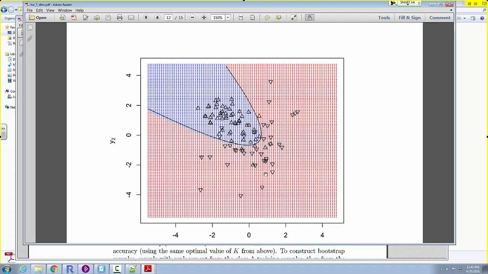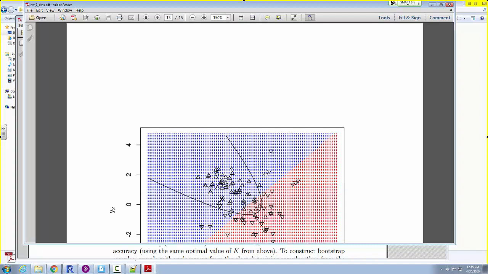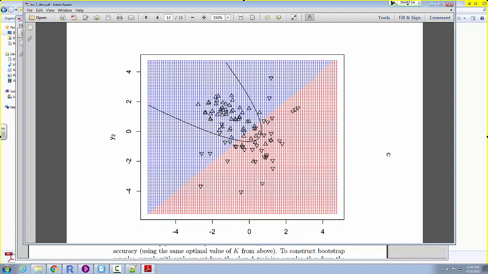QDA gets really close to the Bayes, but when we do linear, there's more mistakes. Over at the left, for example, here's a couple of downward pointing triangles that would have been correctly classified by QDA, but they were lost by LDA. So LDA is a higher level of assumption on the data.